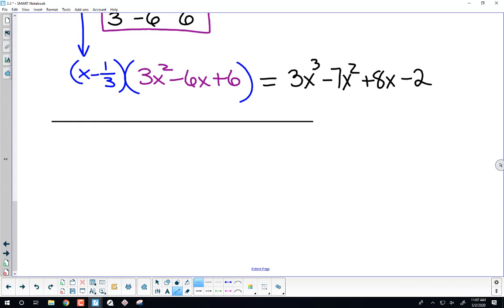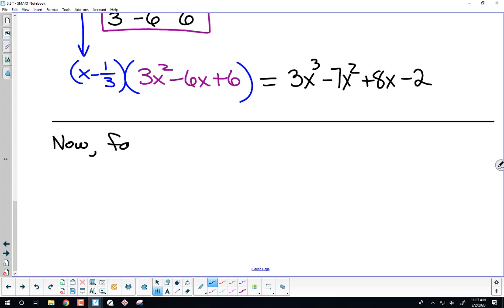So now we've got to start over. We have to factor our quadratic, 3x squared minus 6x plus 6.